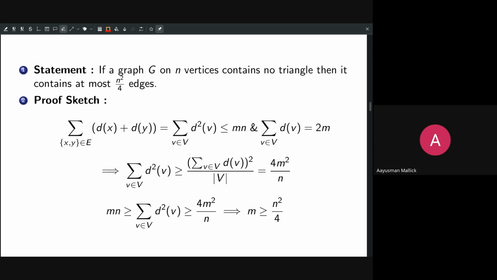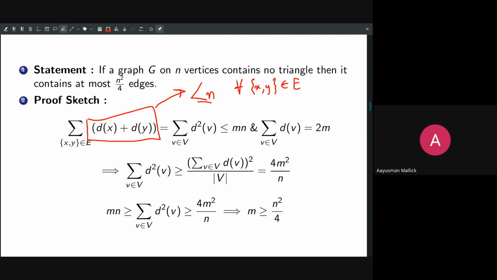So d(x) plus d(y) is less than or equal to n for all xy neighbors, or to be more specific, for all xy pairs belonging to the edge set.